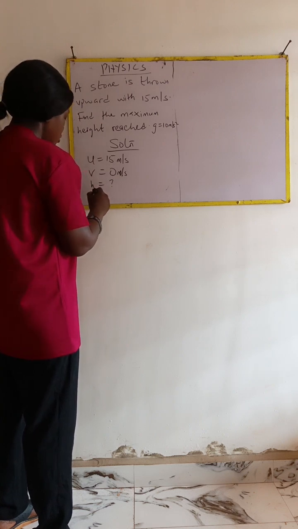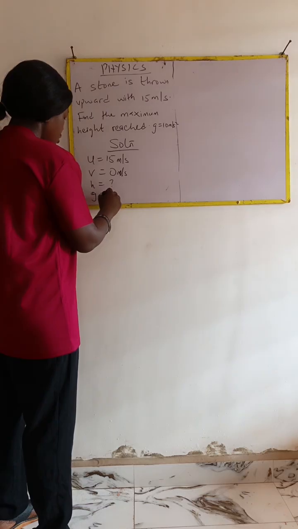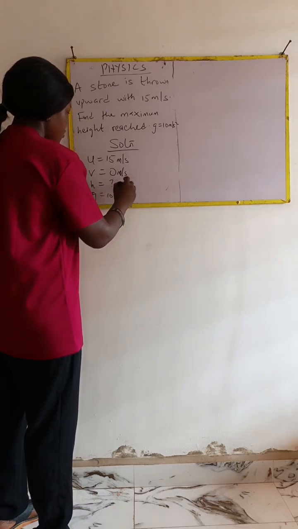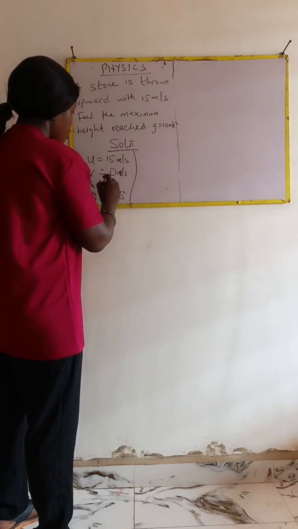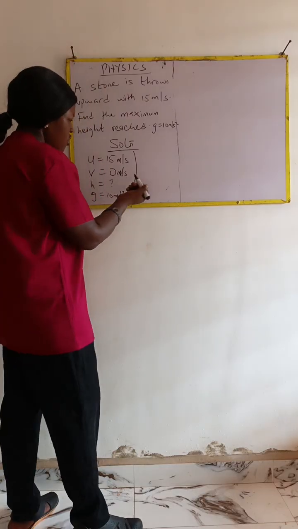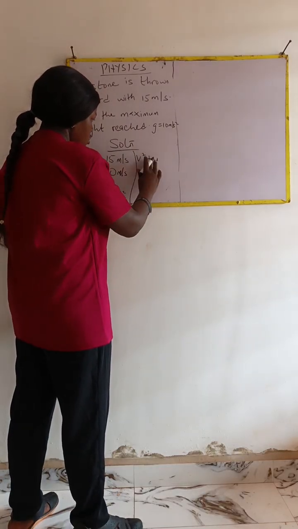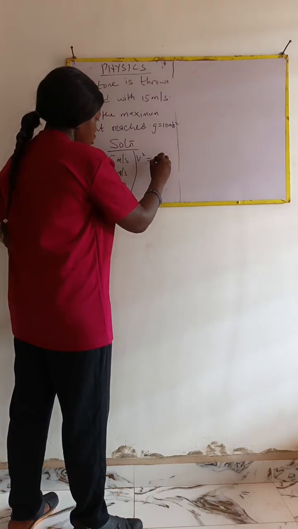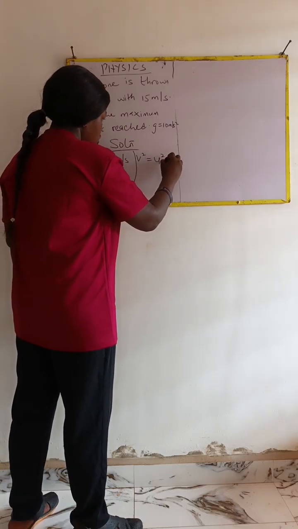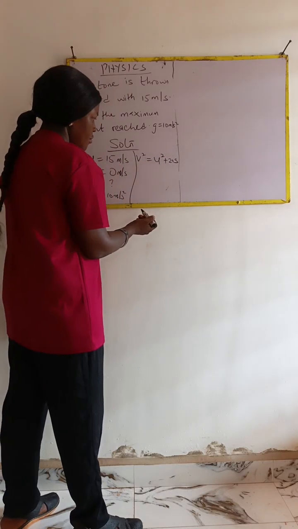G is 10 meters per second squared. Now having this, we will use the formula V squared equals U squared plus 2as.